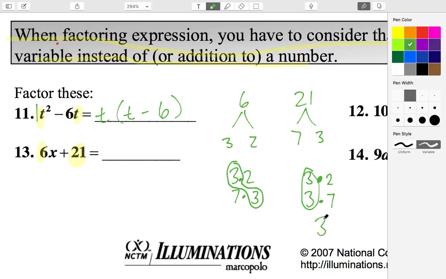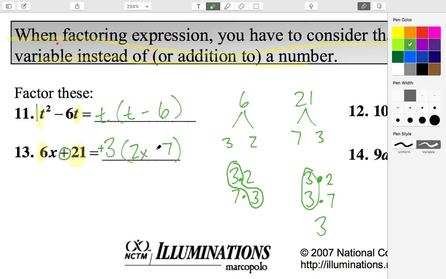None. Okay, 3 times what gives you 6? 2. How many x's do you need to get to 1x? 1. 3 times what gives you 21? 7. Do you need a positive or a negative? Well, it's a positive sign, so positive there.